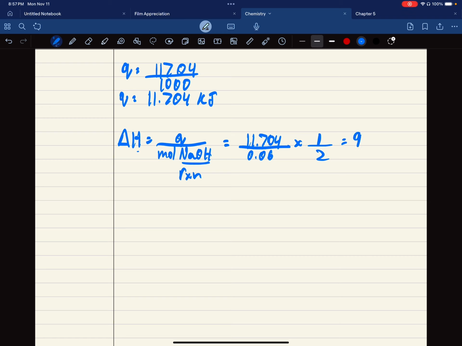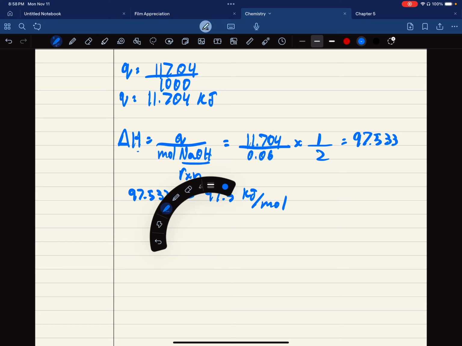And we get 97.533. And we can just round it down. So 97.533 rounded gives us 97.5 kilojoules per mole. And this is going to be our answer.